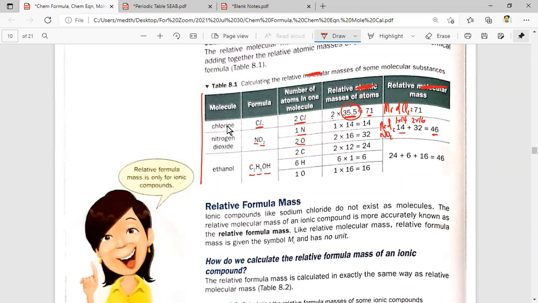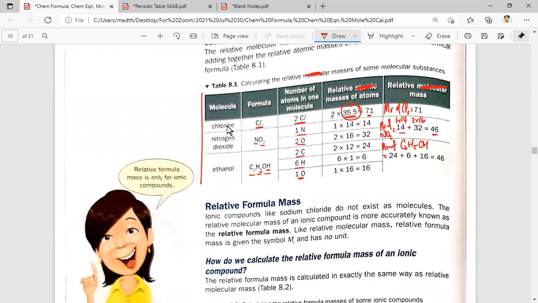C2H5OH. How to find the Mr, the relative mass of ethanol. So to find the Mr of C2H5OH, you first need to know that this is made of 2 carbon, 6 hydrogen, because H5 and OH here, can you see 1 plus 5, so 6 hydrogen plus 1 oxygen.